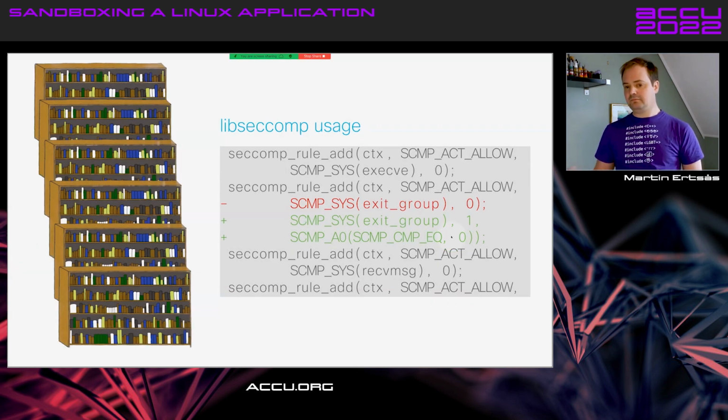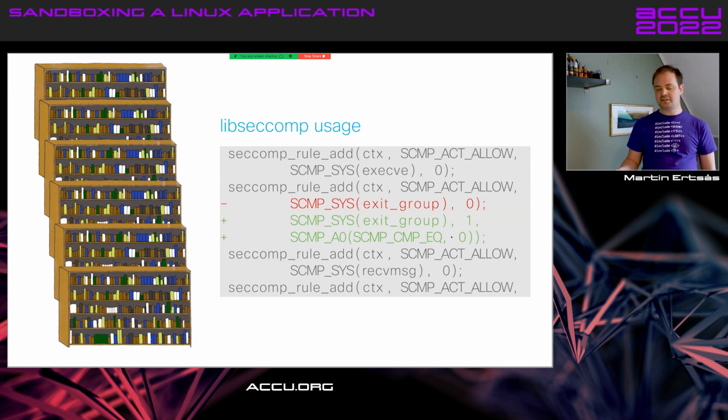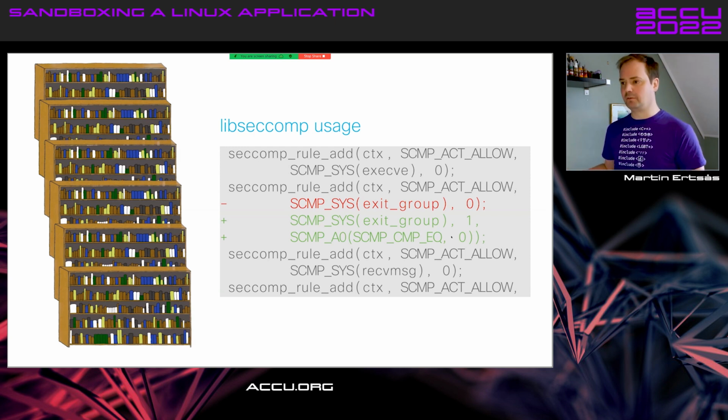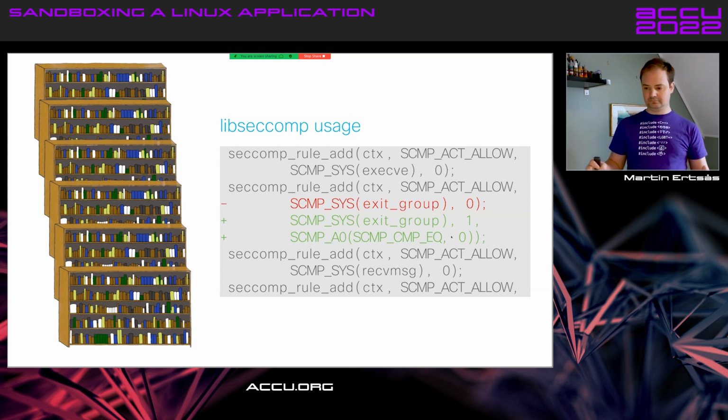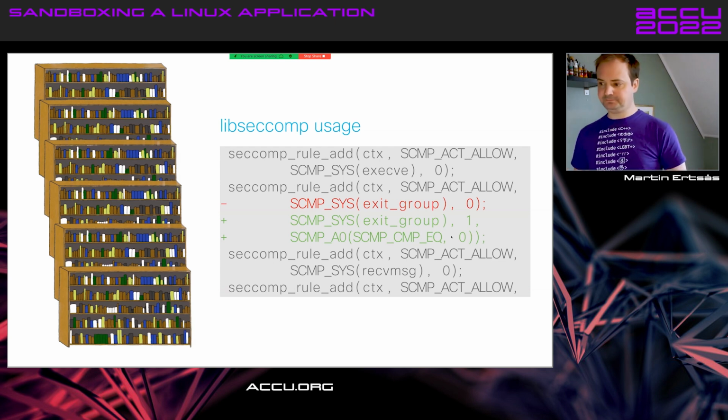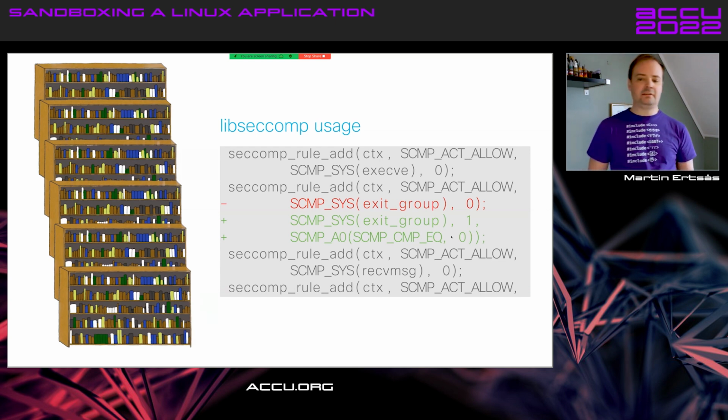I can have many of these argument checks. I can have multiple for the same argument, so I can check if it's in a range, for instance, or in a set of numbers. It's very flexible, and this is actually possible to work with.